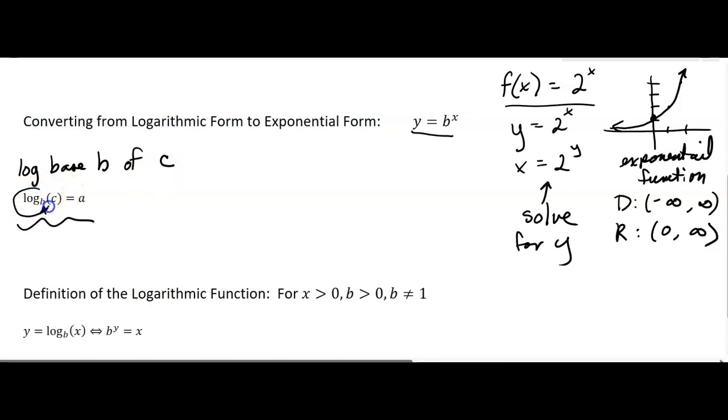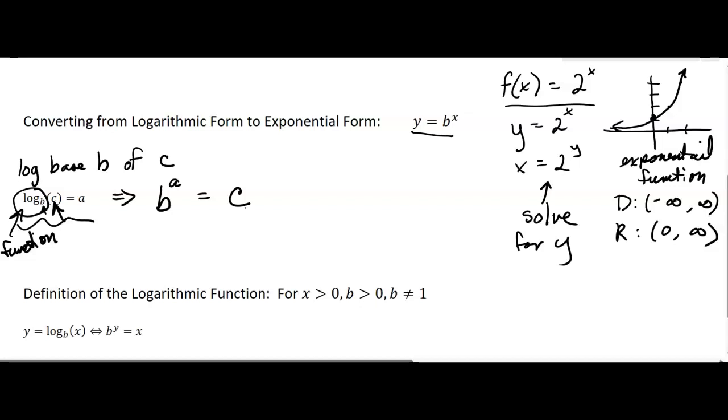This is a function, and it has to be a function of something. You can't just have log base b, okay? It's got to be of something. And it equals a. Well, then that means the base is b in an exponential form. The base is b, the exponent is a, and it equals c.